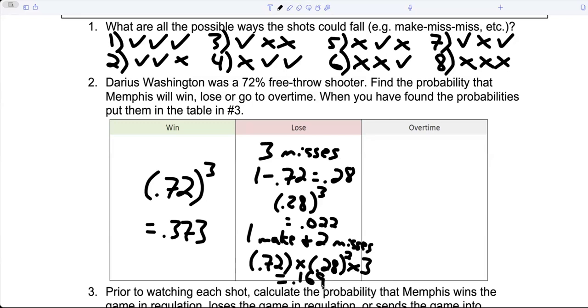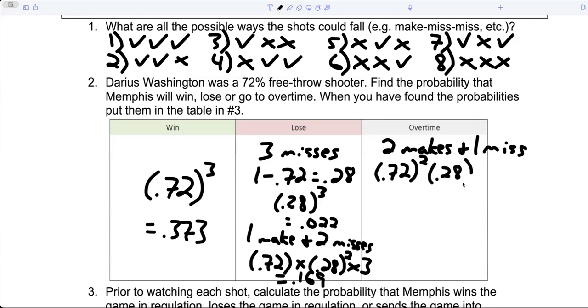And the last outcome, they go to overtime. All right, so 2 makes and 1 miss. All right, so that's going to be 0.72 raised to the second power times the probability that he misses 1, so that would be 0.28.